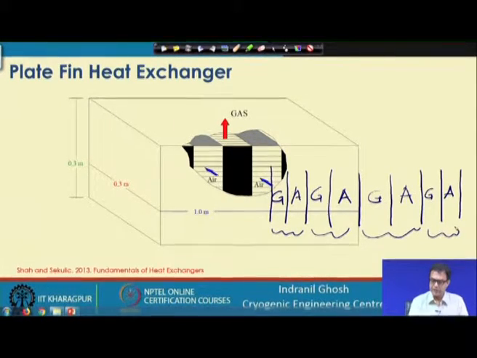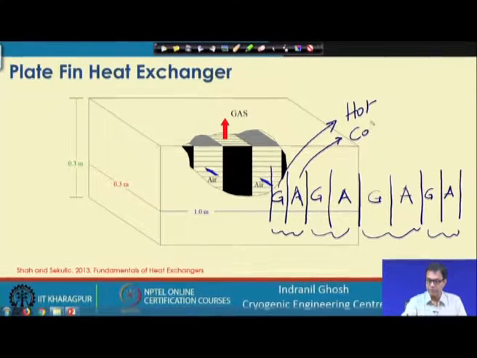This is typical for a two stream exchanger, where we look for alternative hot and cold fluid streams. In this case we have designated the gas stream as the hot fluid stream and the air stream as the cold fluid stream.